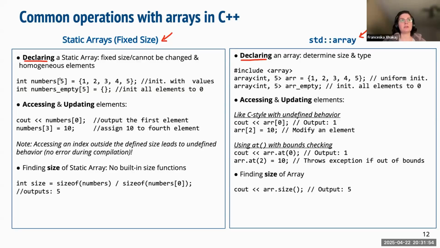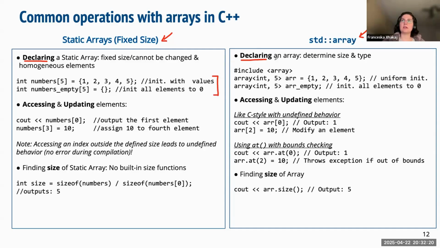That means I'm creating an array of 5 elements, and here I'm initializing the elements. If I do something like int numbers[5] with just the curly brackets, this is creating an array of 5 elements, so it's saving 5 slots in memory, but everything is initialized to 0 in this case. So this is how we initialize static, C-type arrays.